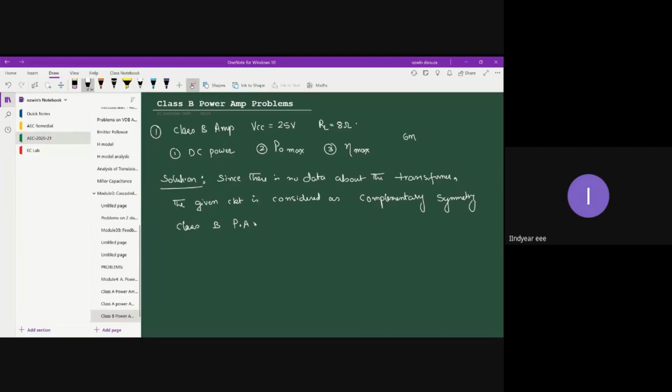Okay, so let us consider it as complementary symmetry class B power amplifier.